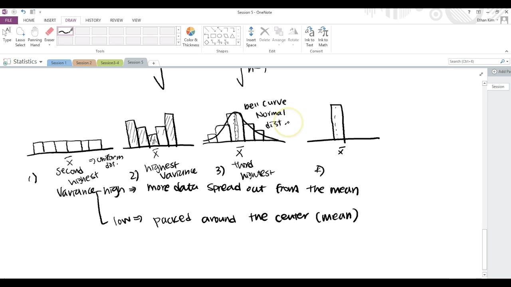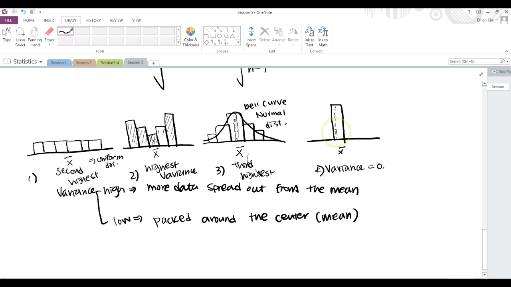All right, and the last but not least is number 4, and this is an exceptional case because this is when variance equals 0. There is no variance. You only have one number, all observations equal the same value at all times.